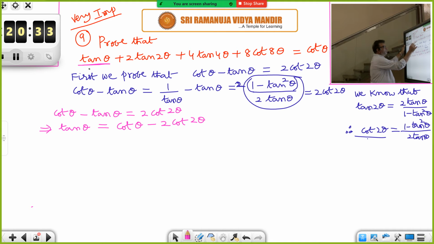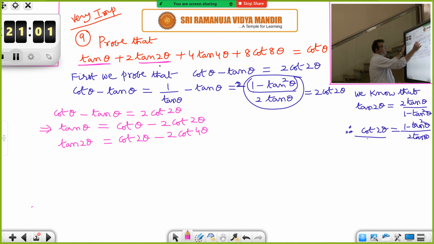Tan theta is here, so in place of that we can write cot theta minus 2 cot 2 theta. Now here tan 2 theta is there. So Tanmay, please tell what is tan 2 theta? In place of theta, just put 2 theta, that's all. Sir, tan 2 theta is equal to cot 2 theta minus 2 cot 4 theta.